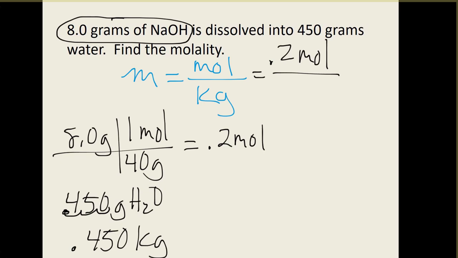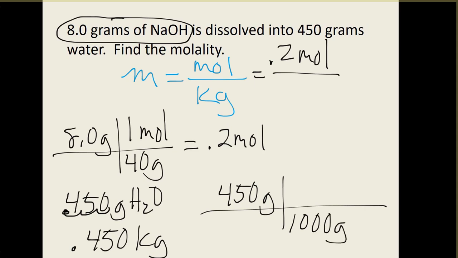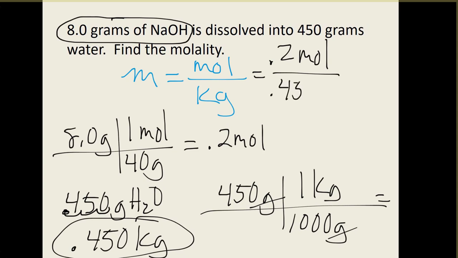And so when you're converting, you're going to end up with a smaller number. Another way you could do this is to set it up with 1,000 grams on the bottom and 1 kilogram on the top. My grams will cancel and I'll be left with kilograms. You'll get the same answer. So whether you divide by 1,000 or move your decimal over 3, you're going to get the same answer.